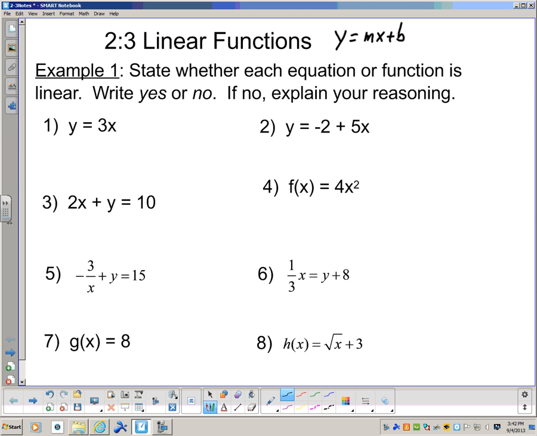So a few things. Basically, the x cannot be in the denominator for it to be a linear function. Some other things, your x cannot be squared. It cannot have a square root. If it's being squared, then it's going to be a quadratic or a parabola.